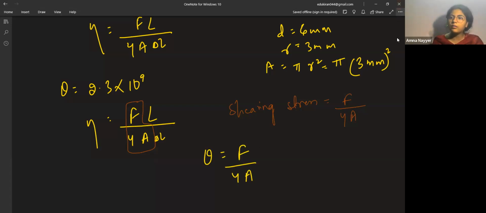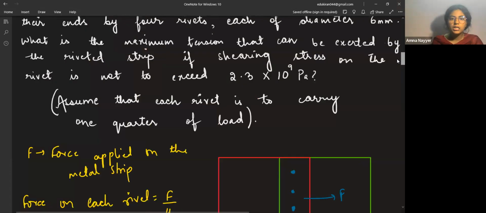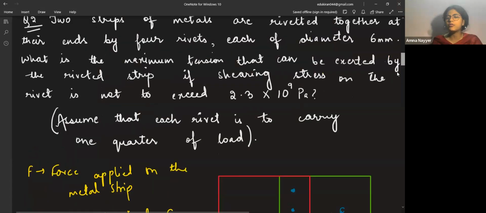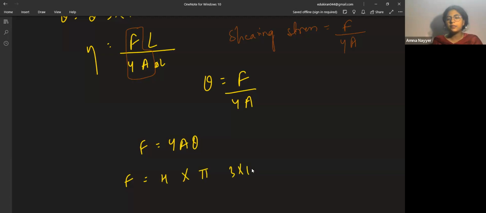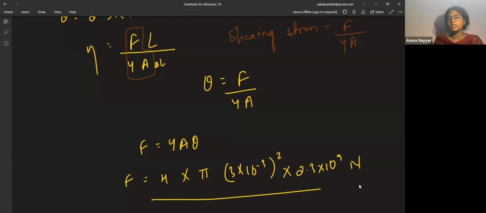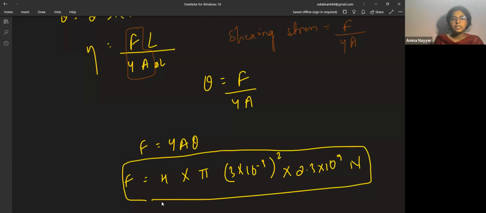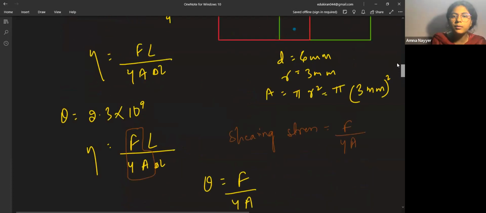Can we calculate force from here? What is the maximum tension? We have to find out force only. So force will be equal to 4A into the stress, because length and delta L were not given. 4 area will be pi into 3 into 10 to the power minus 3 meter square, pi r square, into 2.3 into 10 to the power 9. This much of Newton is the answer. Just calculate, let me know whatever value you are getting. Now we'll start with stress strain energy.